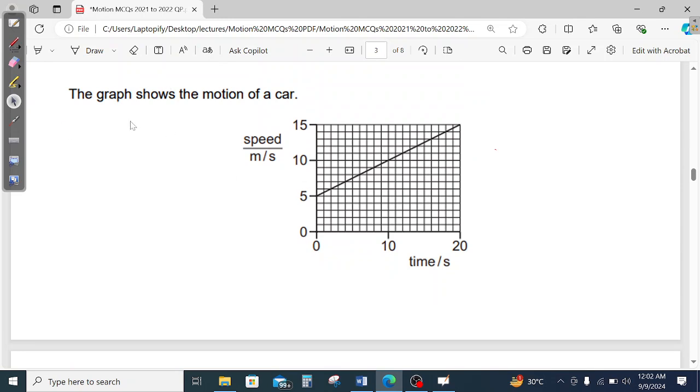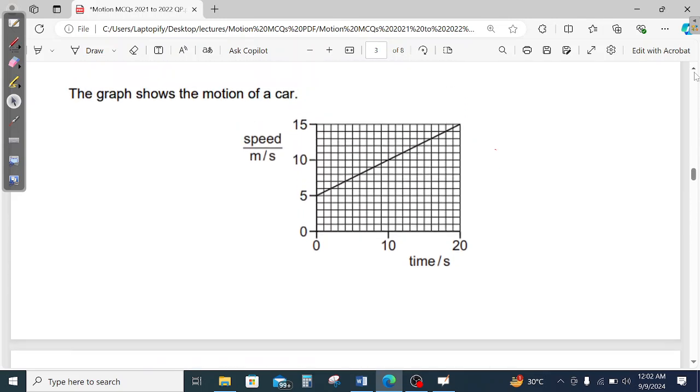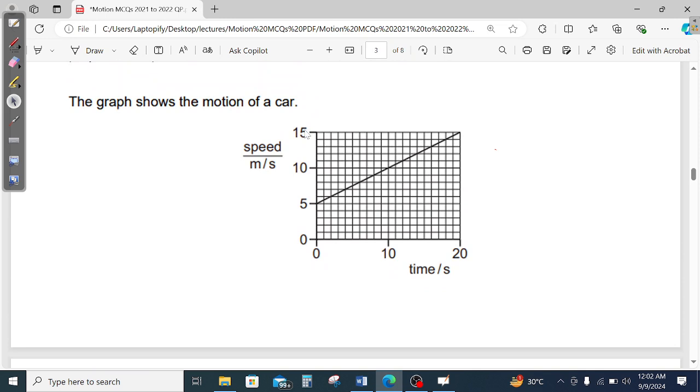You have to find the distance because they have mentioned the distance in the options. From a speed time graph you can find the distance by using the key point, the area under the curve. So here I will make two shapes. This is the rectangle and this is the triangle.